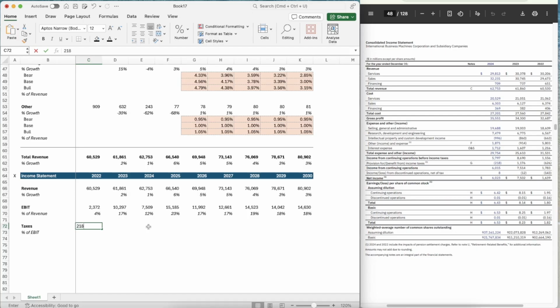So 218, sorry, minus 218. No, I got that wrong. It's 626, minus 626. 1176. Minus 218.